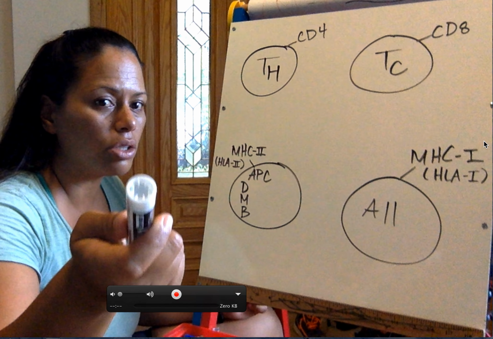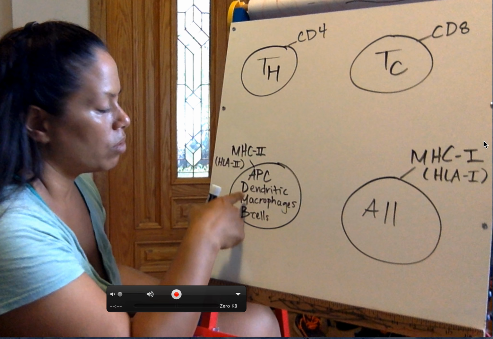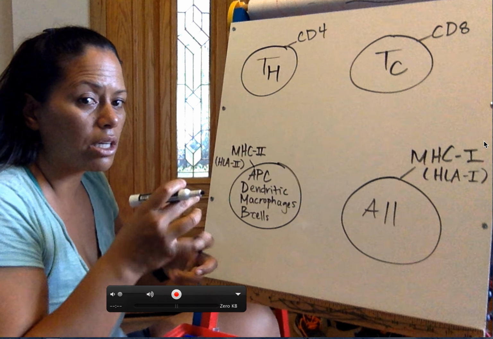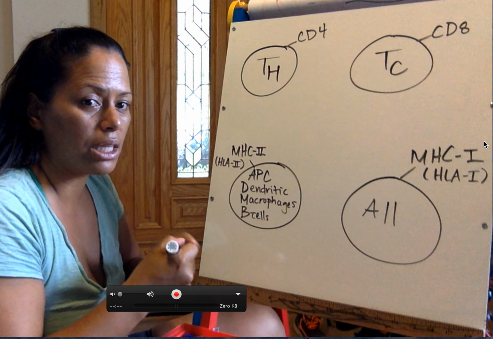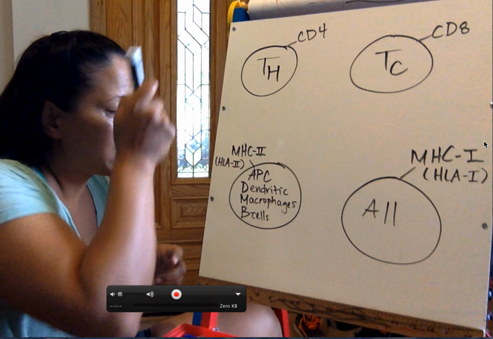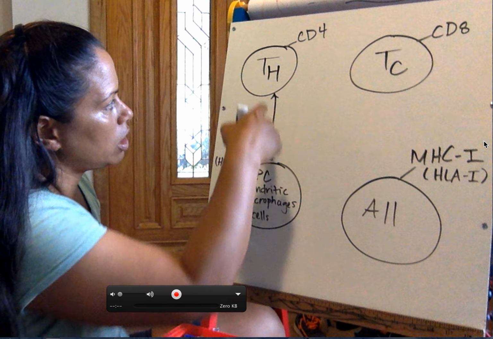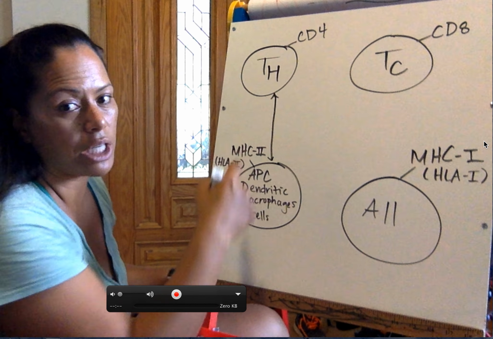So these 3 will devour a bacteria, break up some of the components and the proteins that they find in the bacteria, stick it on their MHC class 2 receptor and go, hey, somebody help me. Then they bind with what we call TH, or T helper cells. And how do I remember that CD4 will bind with MHC class 2?